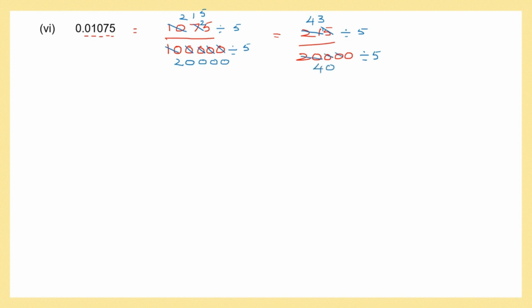Bring the 0. Bring the 0. Bring the 0. So what have I got? 43 by 4,000. So my final answer is 43 by 4,000.